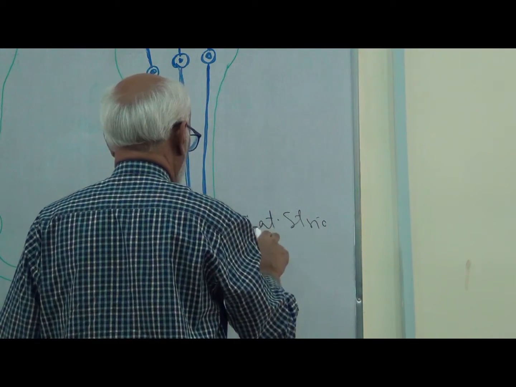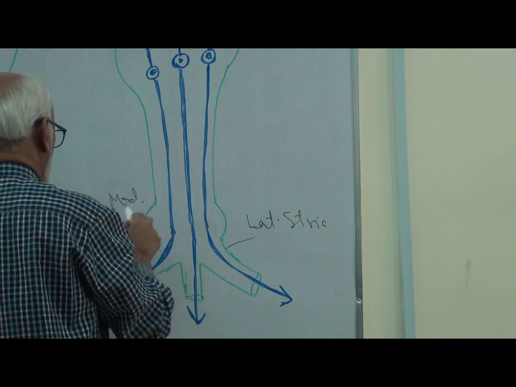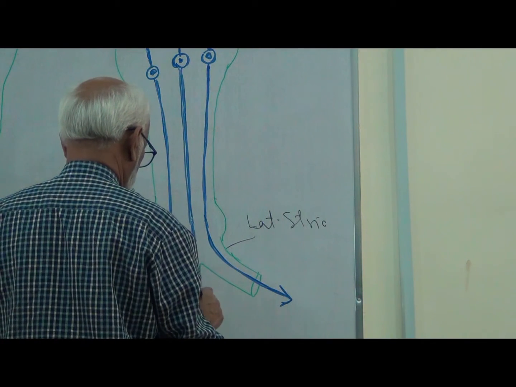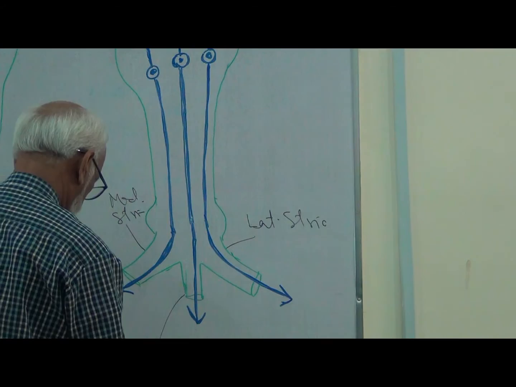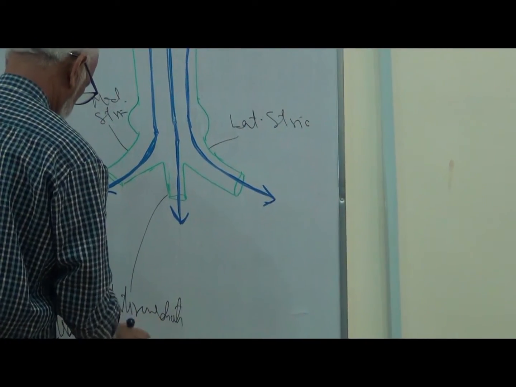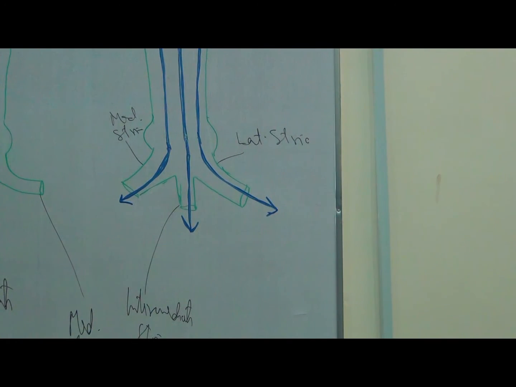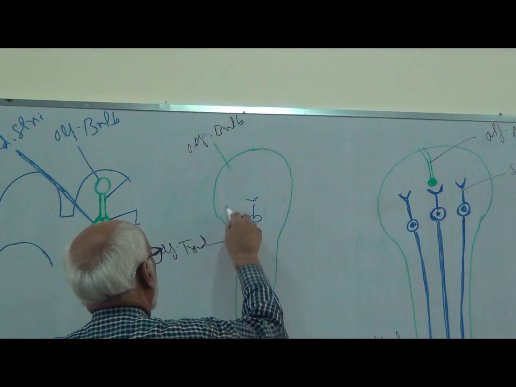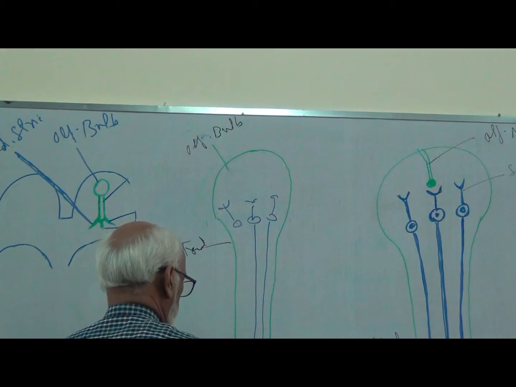This is the lateral stria, this is the medial stria, and this is the intermediate stria. The same is here. There are several such neurons.